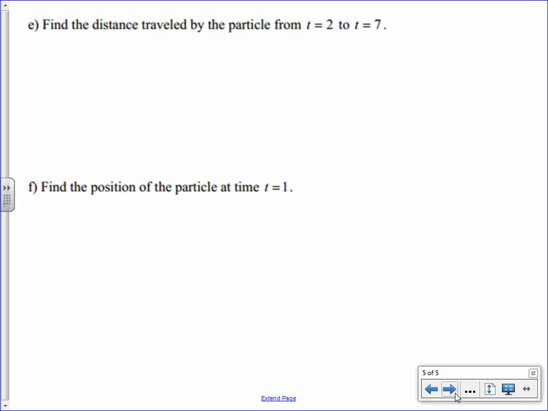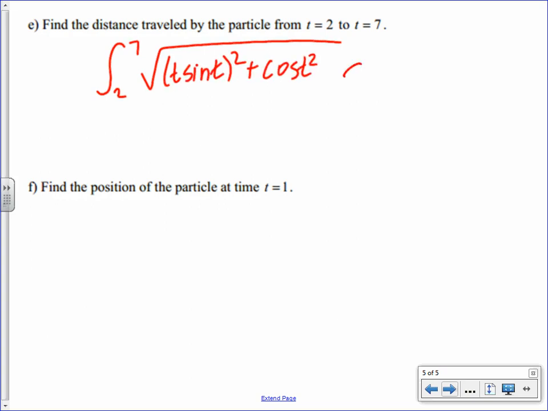This one's on the back of the sheet. That's when we do the absolute value of the equation. Like an arc length. Arc length, yeah.